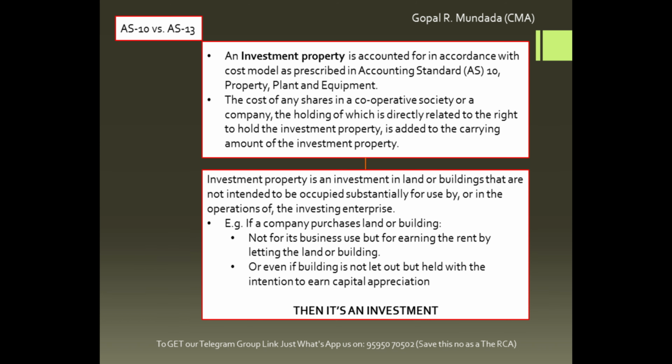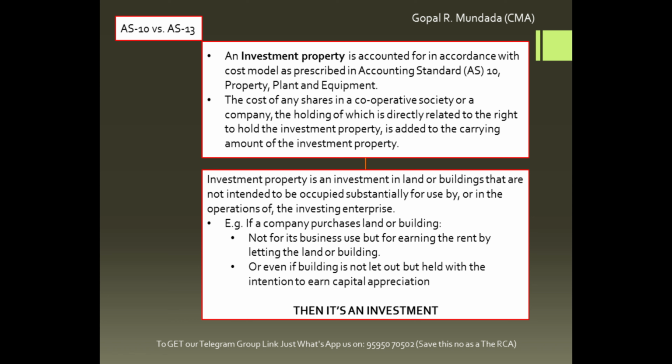So guys, next we compare Accounting Standard 10 versus Accounting Standard 13. Accounting Standard 13 is basically applicable to investment in property. Suppose my firm is the RCA firm which invests in property, and that property I give on rent. In such a case, that is investment property, and that property comes under the purview of property, plant and equipment for me, because that asset is taken by me for giving on rent.